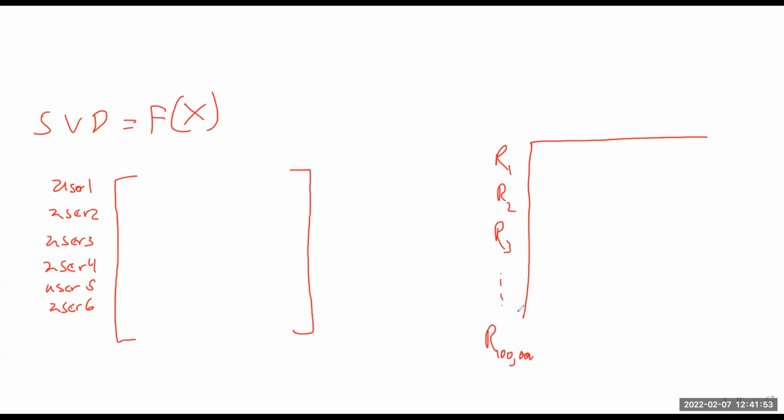In here, what you're going to have is the user ID, followed by the movie ID, followed by the actual rating. Do you see that? That's what you get, and that's a good observation.